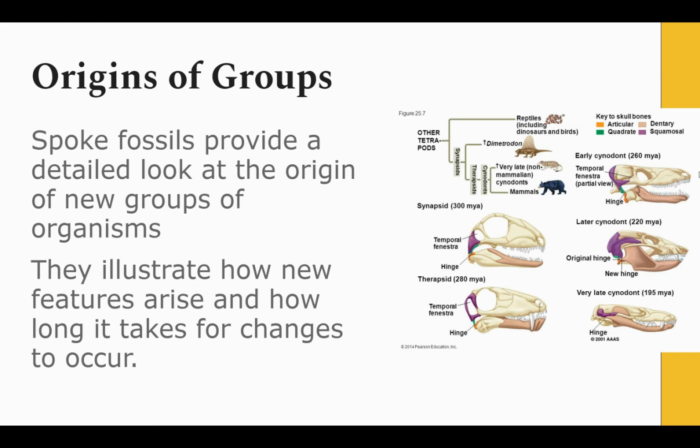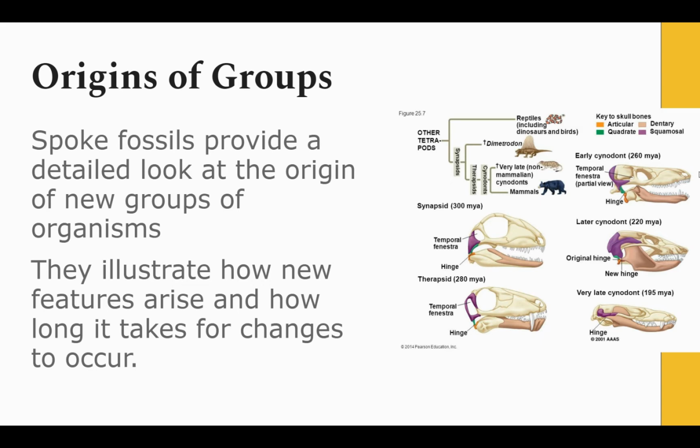Some fossils let us look at the origin of groups of species, right? We can't necessarily draw a direct correlation to single species a lot of the time, but we can figure out when certain groups of organisms came into play.